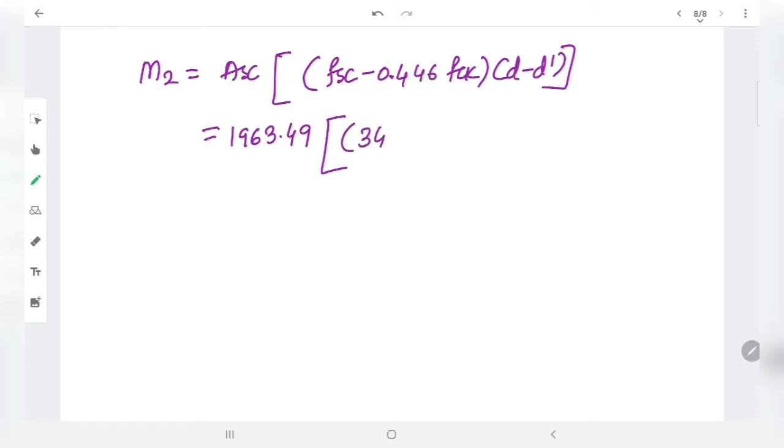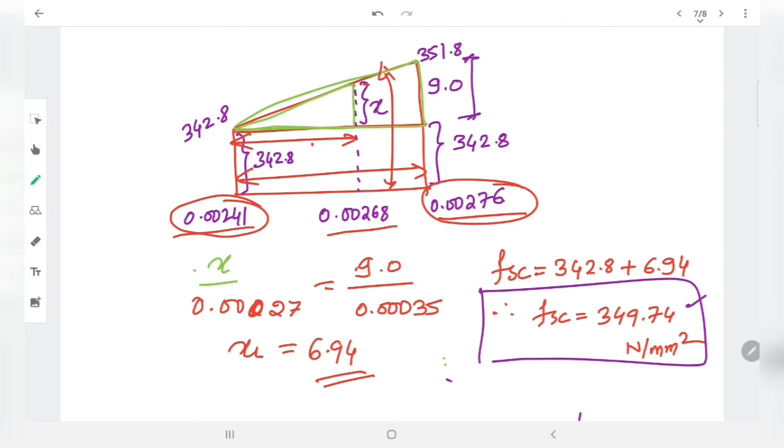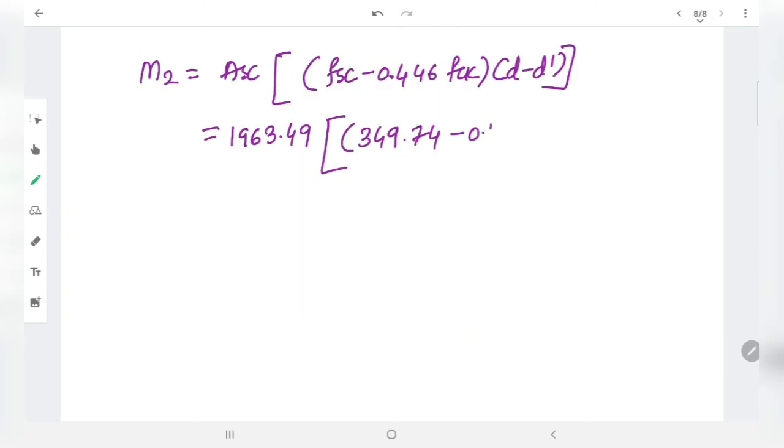And FSC is 349.74, just now we have calculated, minus 0.446. FCK is grade of concrete, that is M20. D is 450 mm. D dash is cover, that is 50 mm.